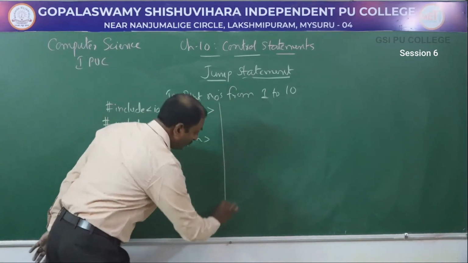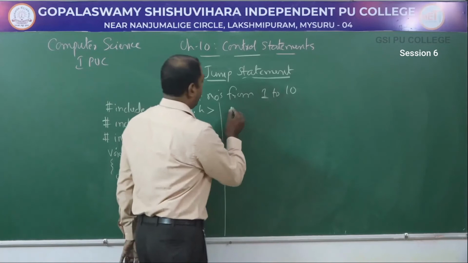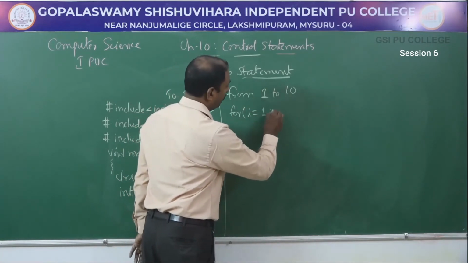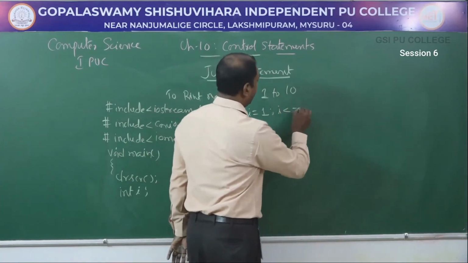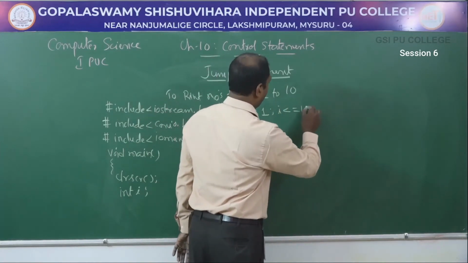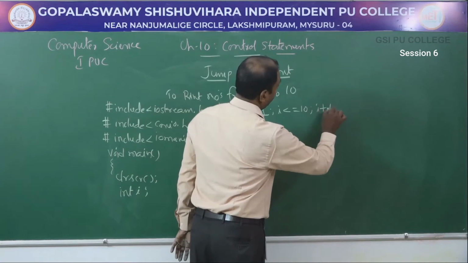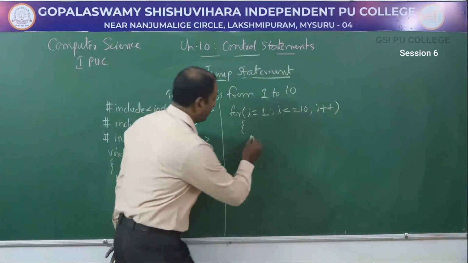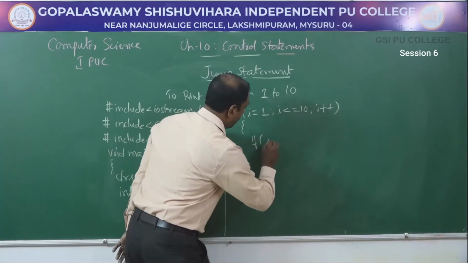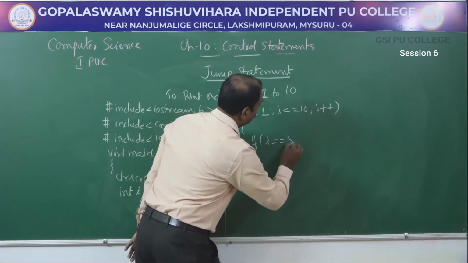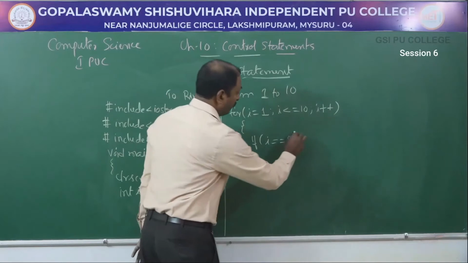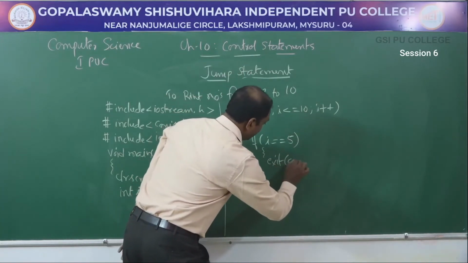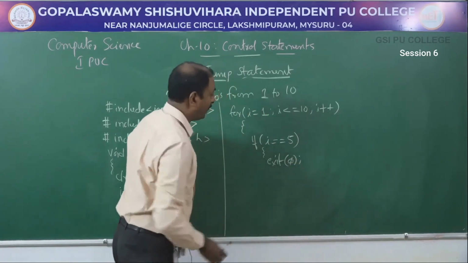Next we can make use of a loop here. Again for loop, for i equals 1, i less than or equal to 10, i plus plus. Now the same statements we can write here. If i equals to 5, here we can write exit 0. This is the exit statement.